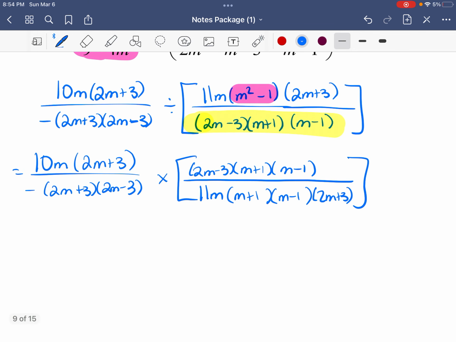Okie dokie, let's do some slashing and dashing. M squared, m minus 1, m plus 1, those go. 2m plus 3, 2m minus 3, the m and the m, and I think that's it. Okay, so we have 10 in our numerator.